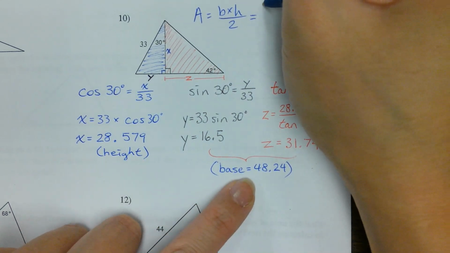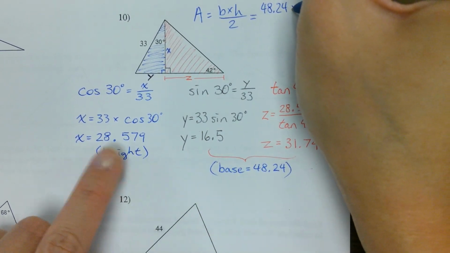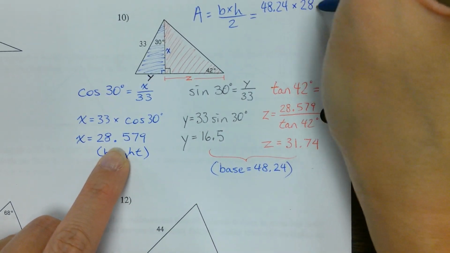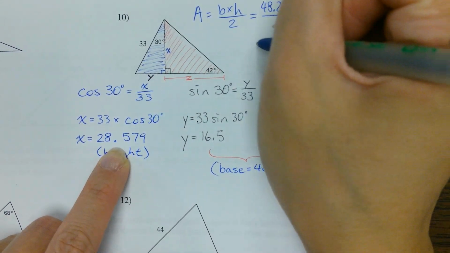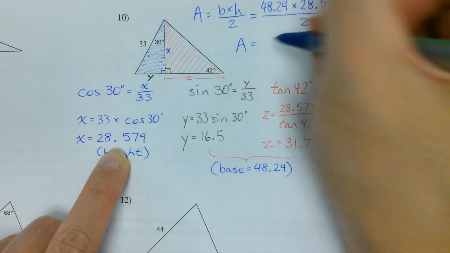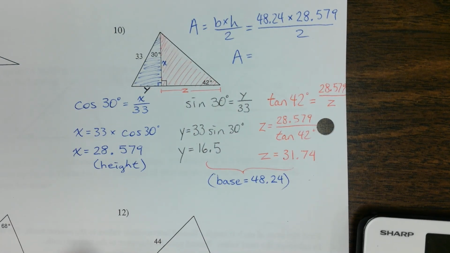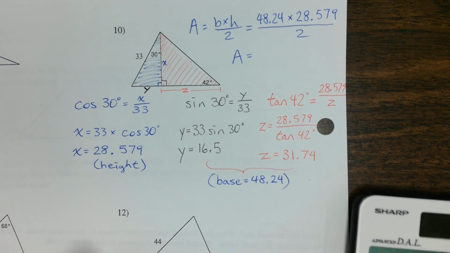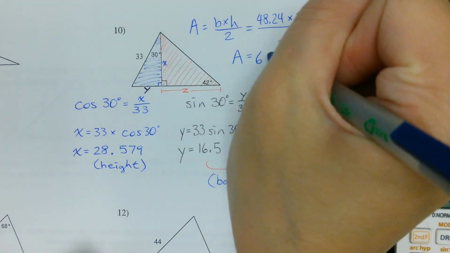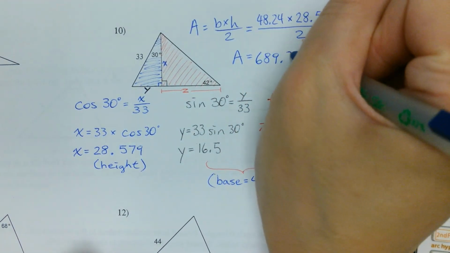So base times height divided by 2. Oops. So the area is 48.24 times 28.579 divided by 2. I get 689.3.